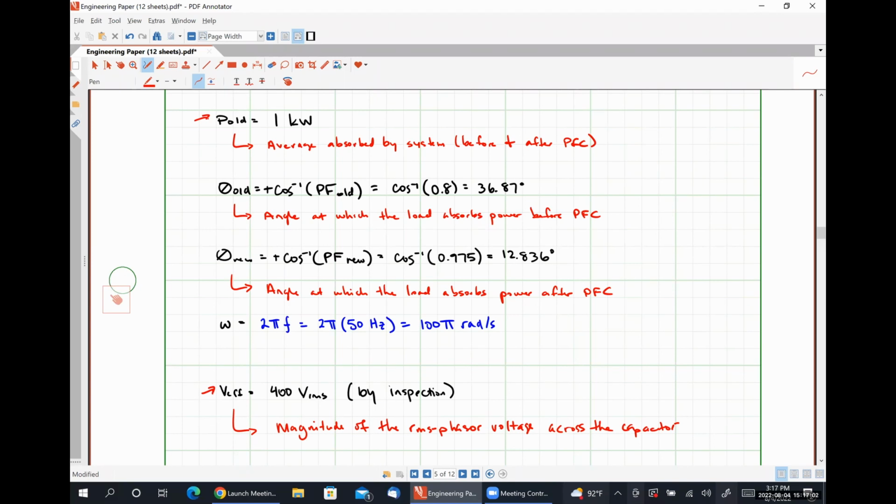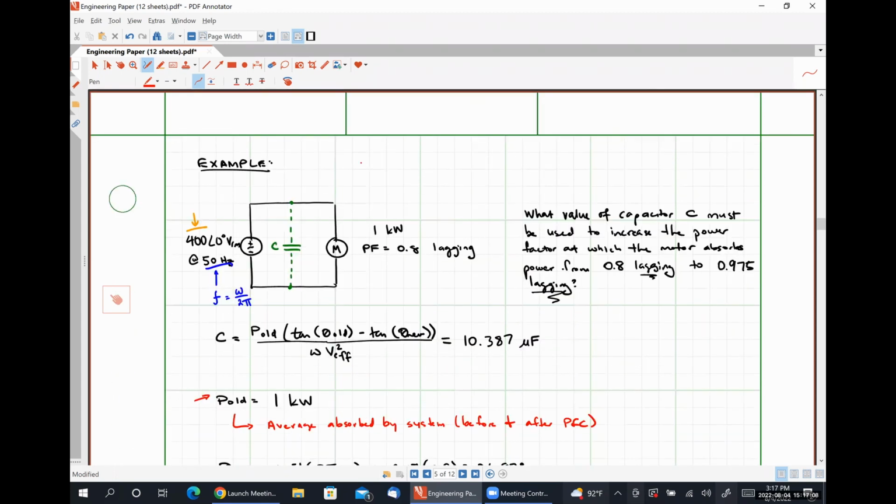If I don't give you P old directly, I will tell you something like the motor absorbs 8 angle 38 degrees kVA before power factor correction, in which case this would be theta old, and this is the apparent power S old.